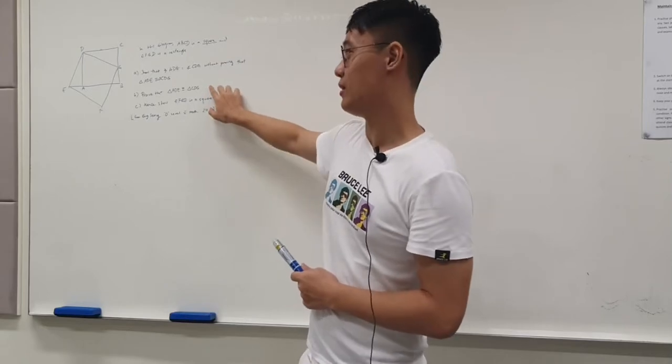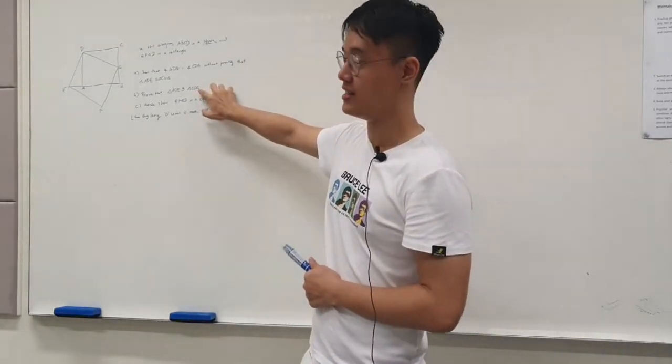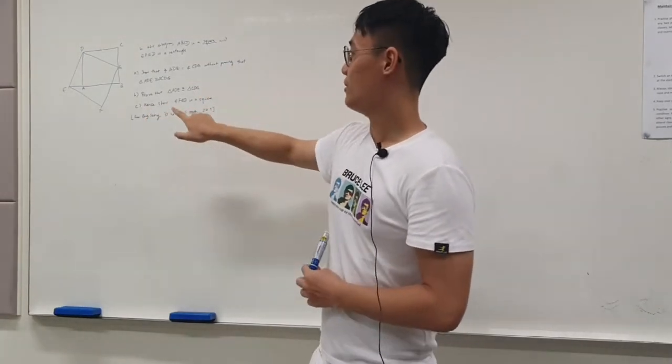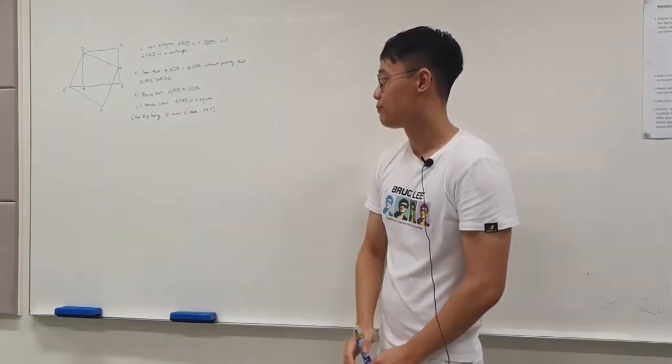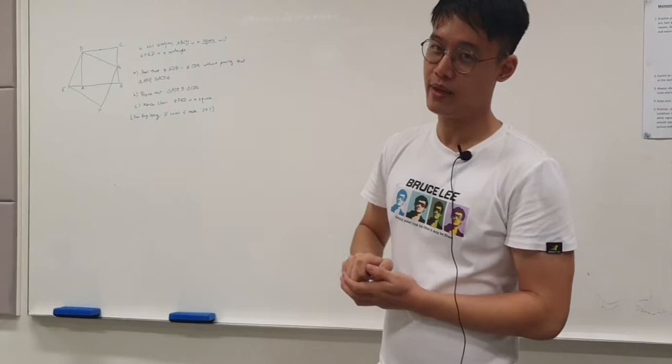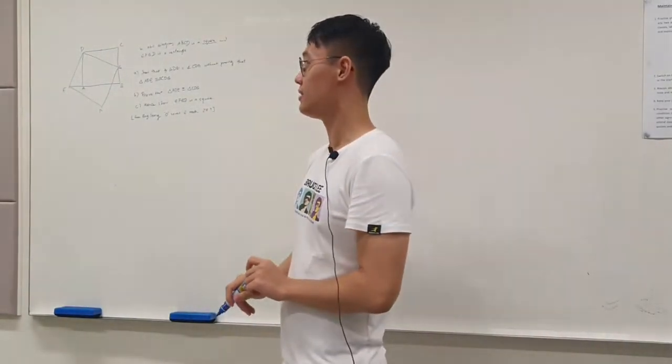Part B: we want to prove that triangle ADE is congruent to triangle CDG. That's why they ask you not to prove it first. And part C: we want to show that EFGD is a square. This question is contributed by Guy Acing's O-level E-Math paper in 2019.